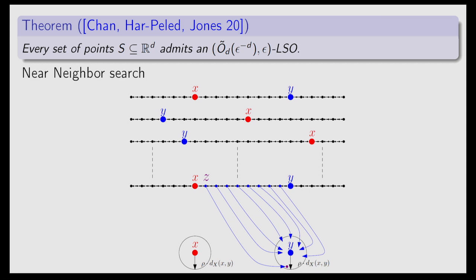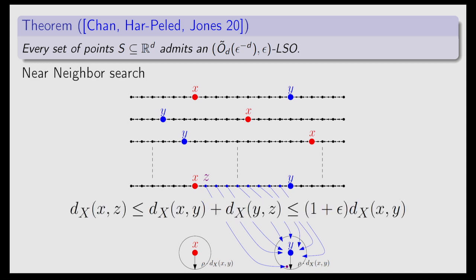Among these 2 tau neighbors, I'll check them one by one, and the closest one will be my answer. This is a good answer because if y is the closest neighbor, then when I check the ordering that satisfies x and y, the neighbor to the right will be very close to y, and therefore this will be a 1 plus epsilon approximate nearest neighbor. So this is a super simple solution. And in general, using these LSOs, the applications are usually quite straightforward.